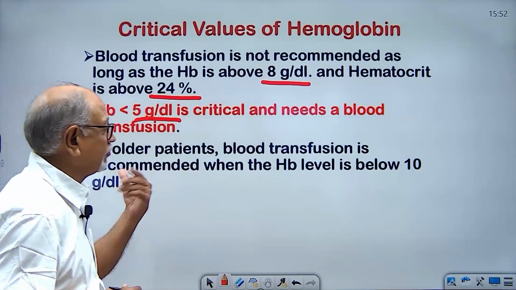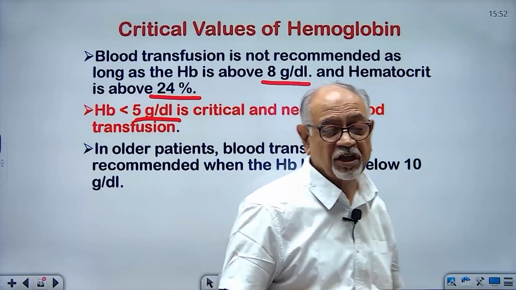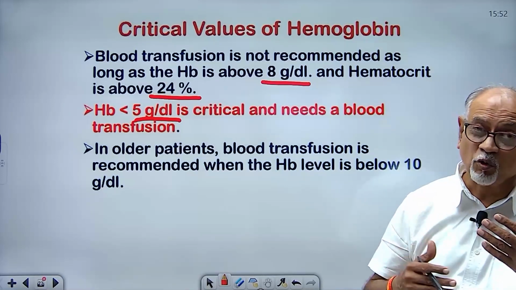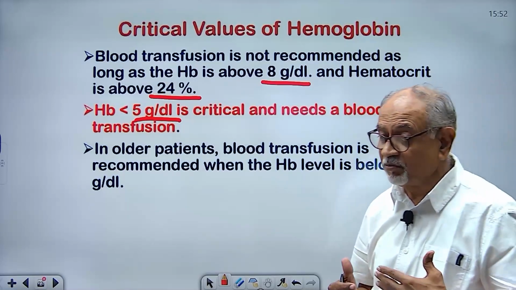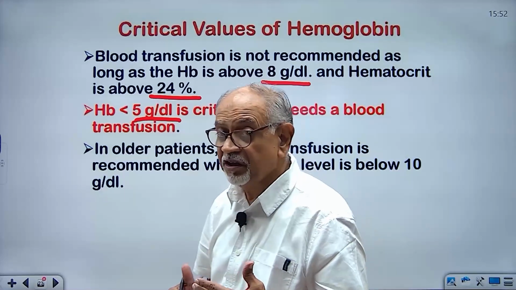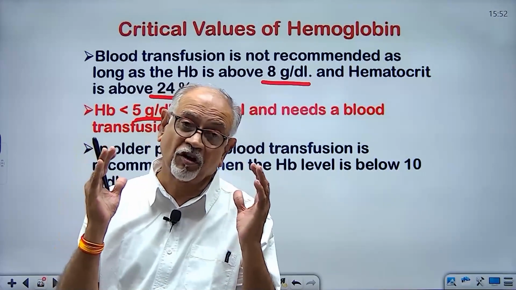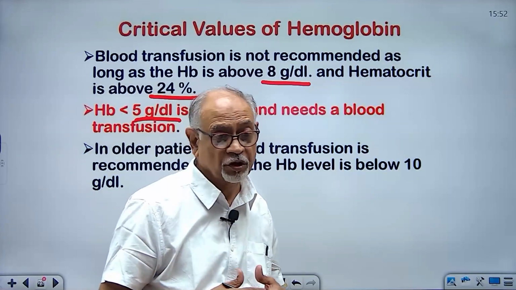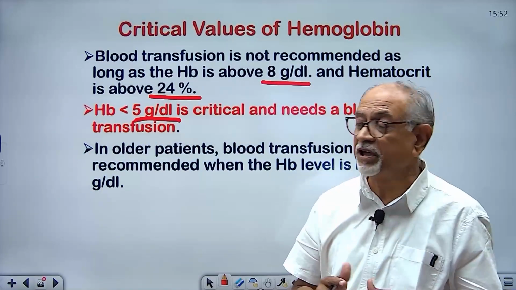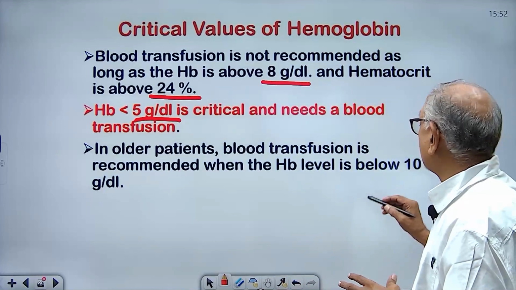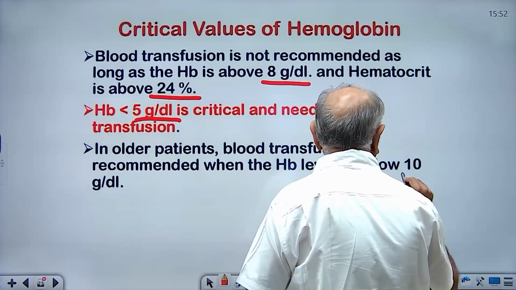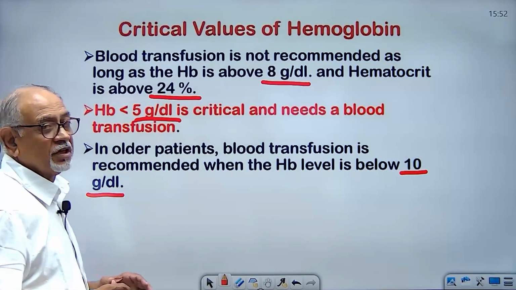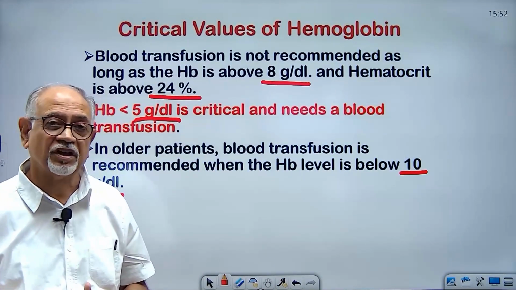But in older patients, because with old age the percentage of hemoglobin decreases and the process of erythropoiesis, that is formation of RBC, also decreases, if the hemoglobin is less than 10 gram per 100 ml, a blood transfusion is planned.